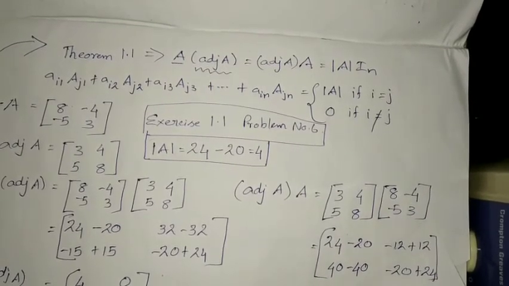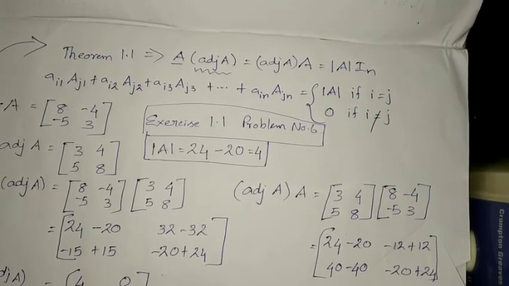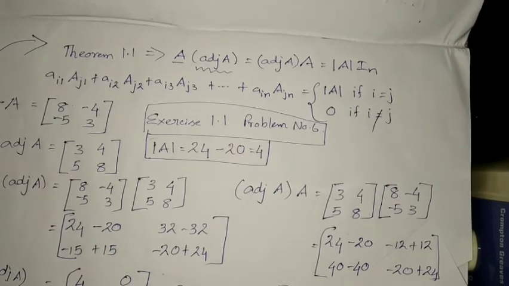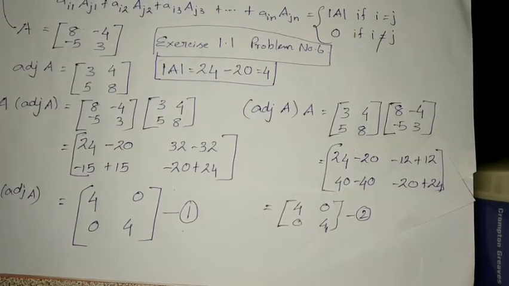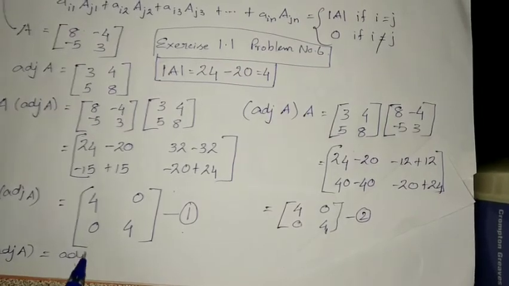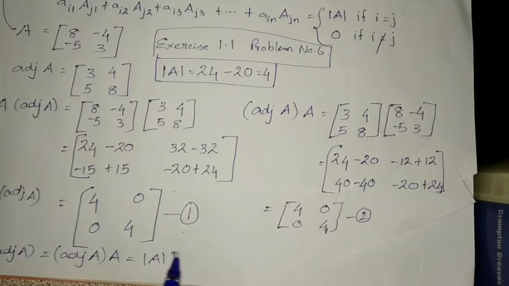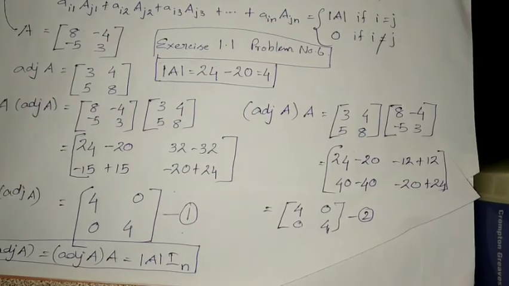This is the second value. So now we derive that A into adjoint A equals adjoint of A into A equals determinant of A into I power 2. We derive this from the above calculation.